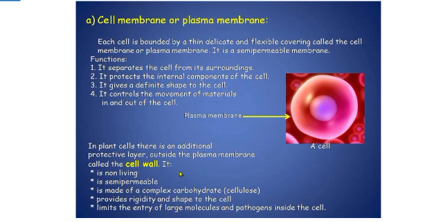Cell wall is made up of a complex carbohydrate called cellulose. A type of carbohydrate, but its structure is a little complex and its name is cellulose. So cell wall is made of cellulose.